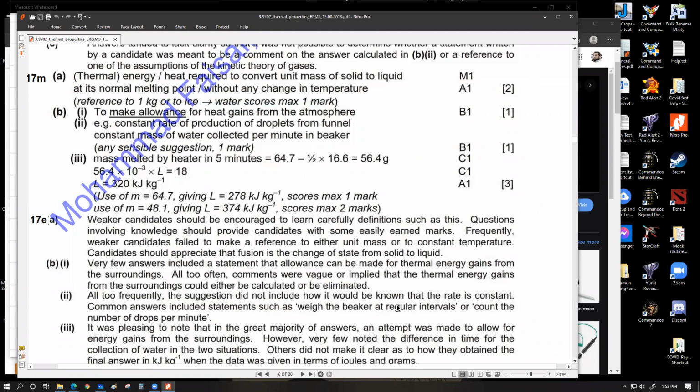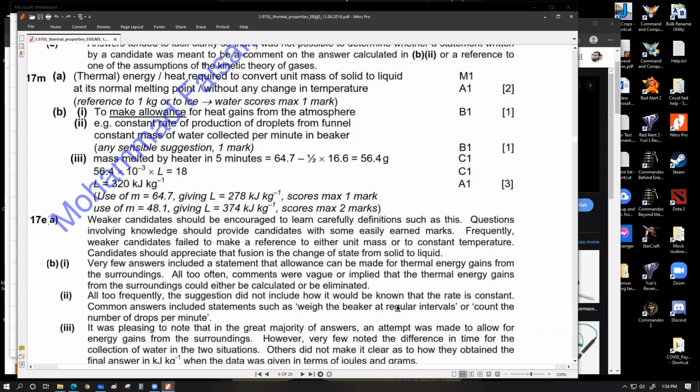You can choose to do this, but then you have to do a bit of a comparison, give a statement that leads to a decision. For example, weigh the beaker at regular intervals, and if the increase of weight is equal for every equal time interval, then we know it's a constant rate. Yeah, you weigh the beaker, then what? How do you reach your decision on whether it is increasing uniformly? You have to say that.